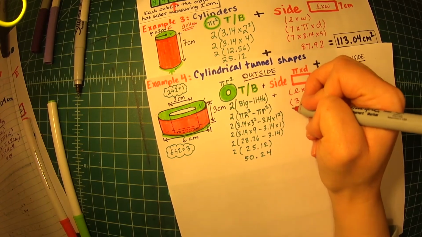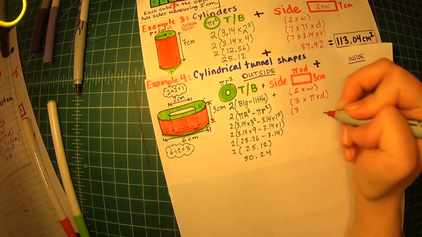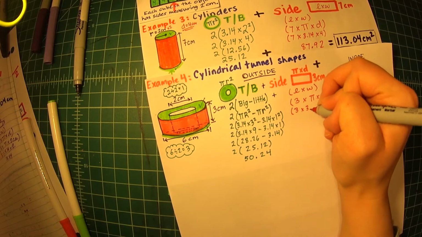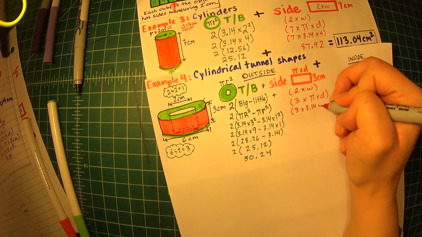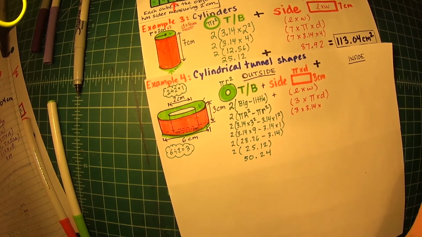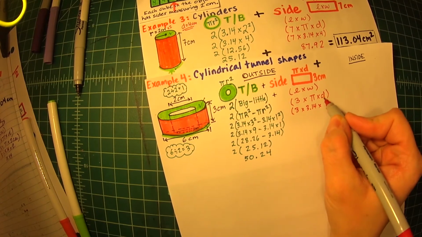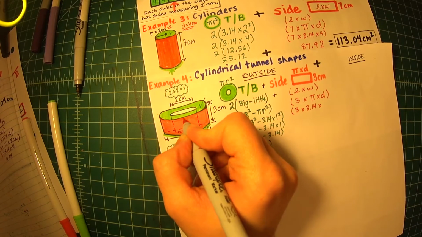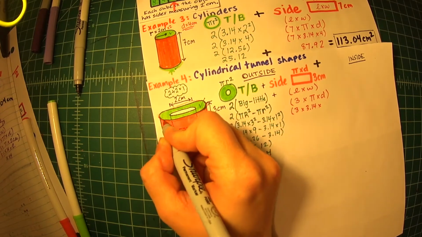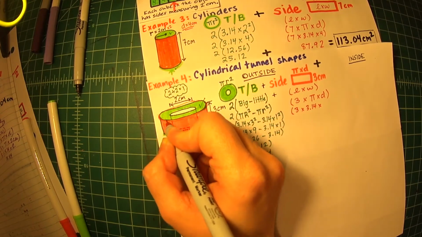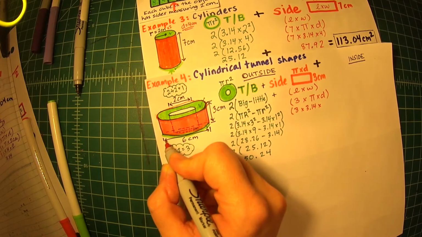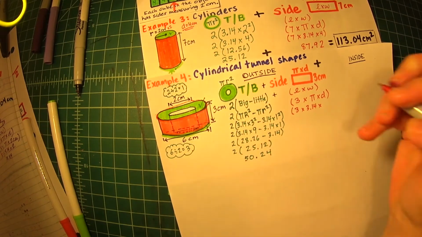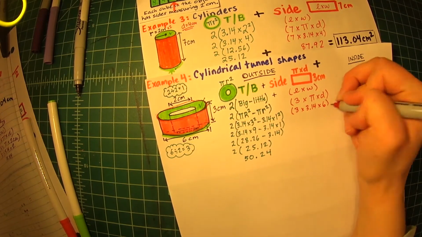So let's fill in some more information. 3 times 3.14 for pi times the diameter of the circle that particular rectangle is wrapping around. So it's wrapping around the big circle. So that means we need the big circle's diameter. So that's 3 times 3.14 times 6.